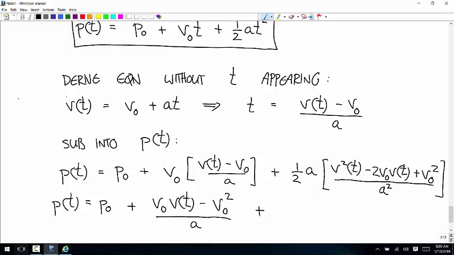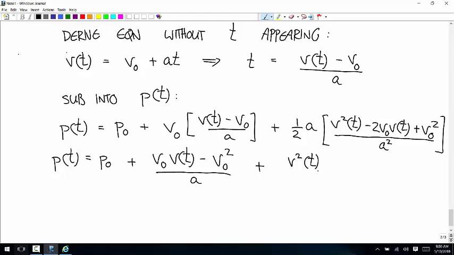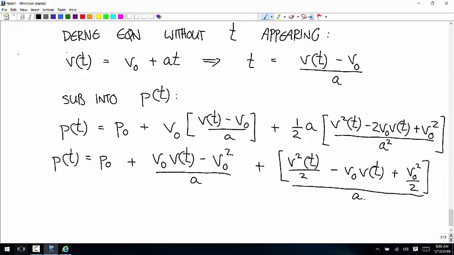Plus, I'll write this as v squared as a function of time over 2 minus v0 v plus v0 squared over 2, all over a.